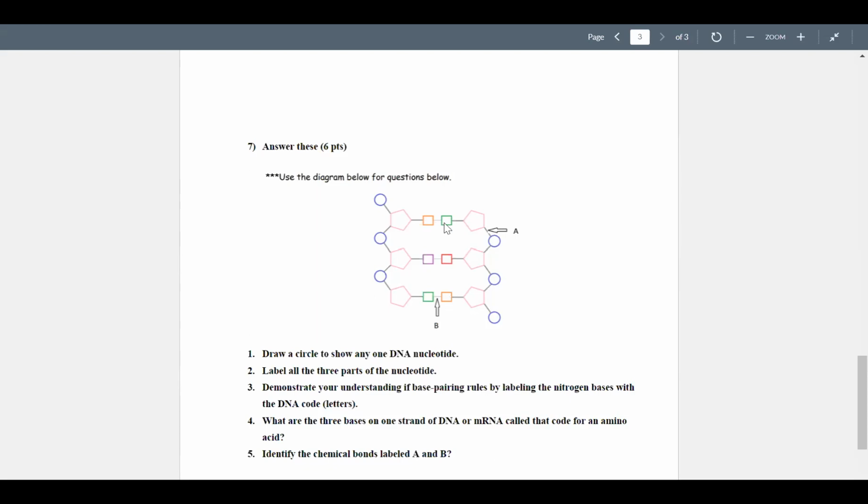If you put A, you know what to put here. And if you put a C, you know what to put here. So you can put anything. And remember, if you put a yellow as C or A, you should put a yellow as C or A here. So just reminding you that you are going to use complementary base pairing rules.